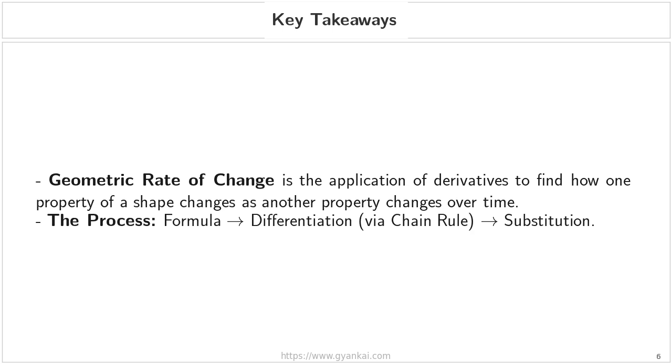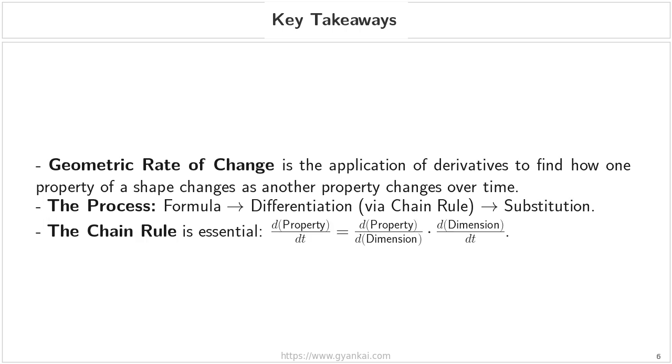To ensure accuracy in your calculations, always adhere to the systematic 3-step process we established. Begin by identifying the correct geometric formula, proceed to differentiate that formula using the chain rule, and only then substitute the given instantaneous values.